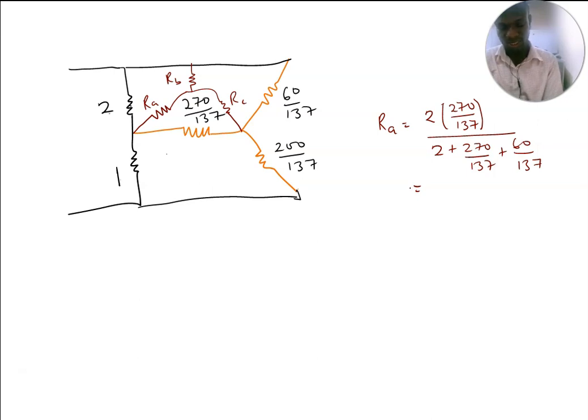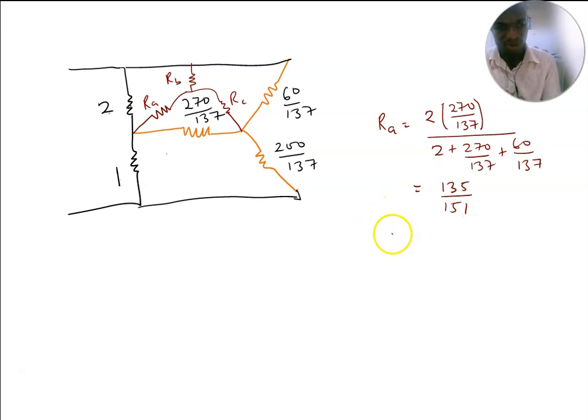Do you get it? 2 plus 270 on what? 137 plus 60 on 137. And we are good to go. Our answer is 135 on 151. You get it? That's the RA.